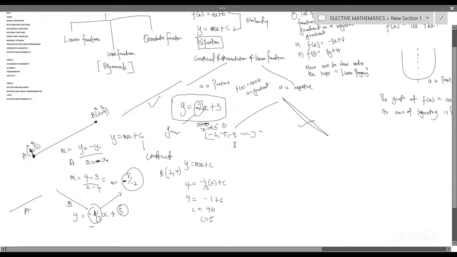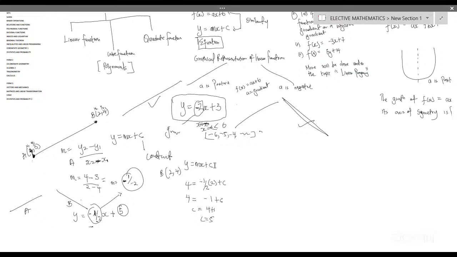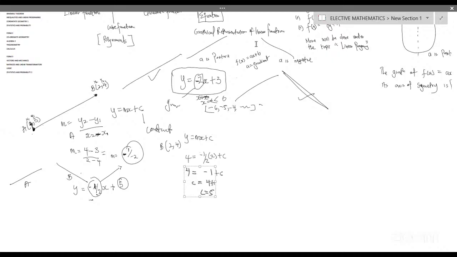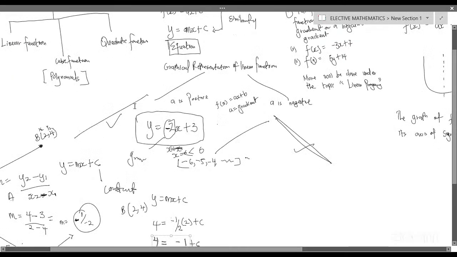Okay, so look at this. Look at the graphical representation of the linear function. You see how it moves. When A is positive, it moves this way. When A is negative, it moves this way. Now look at this function.